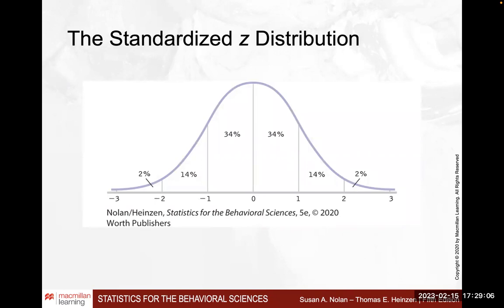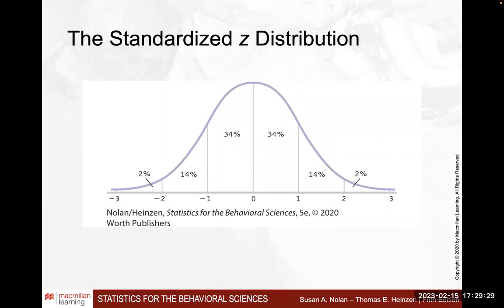You have, within one standard deviation to the positive, 34% of your population. One standard deviation below the mean, again, 34% of the population. Within a z-score of -1 and +1, you have 2 standard deviations covered, and that's 68% of your population.